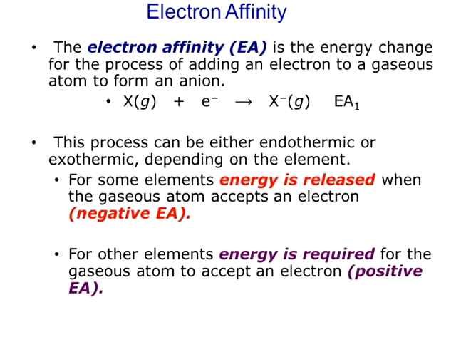And what about electron affinity? The electron affinity is the energy change for the process of adding an electron to a gaseous atom or its ion. In other words, what is its affinity for doing this? So, that's what the electron affinity is. It is the energy change for the process of adding an electron to a gaseous atom.